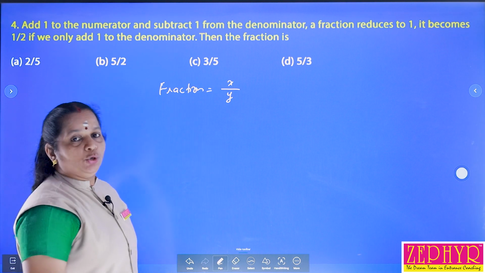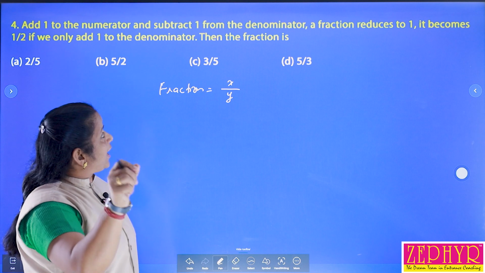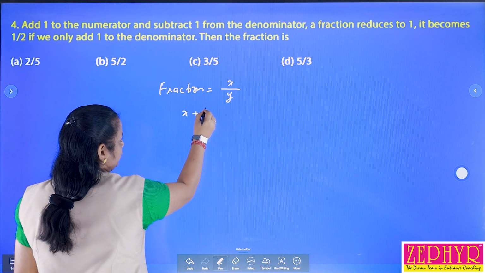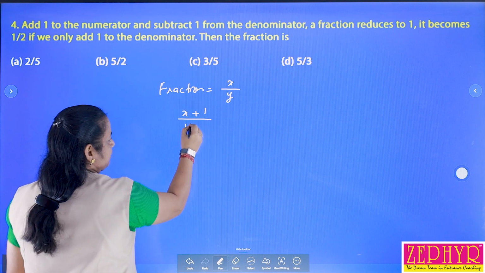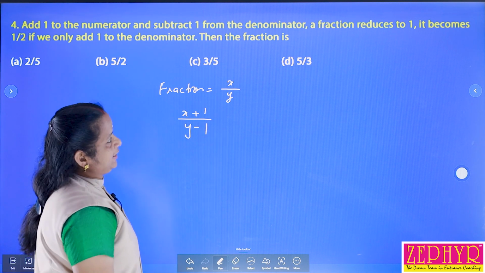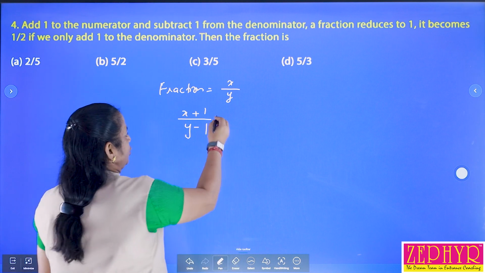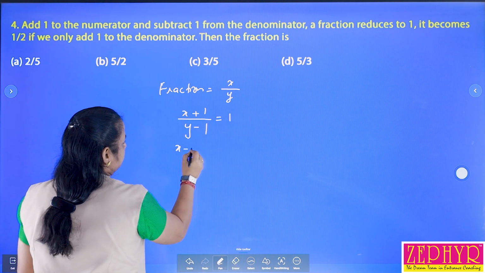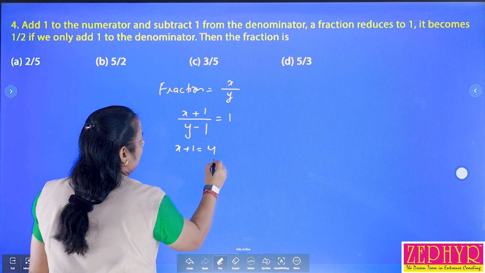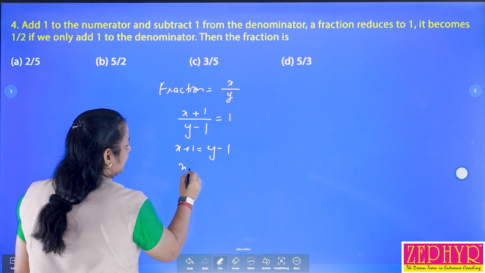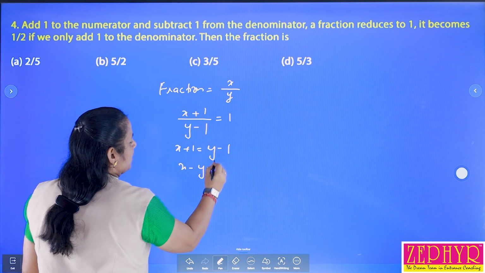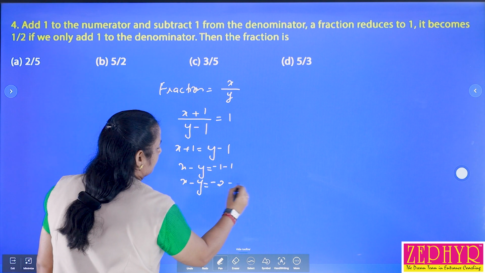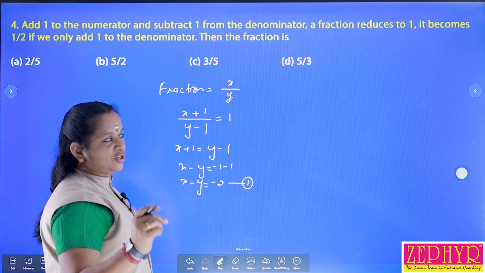Add 1 to the numerator and subtract 1 from the denominator, the fraction reduces to 1. This fraction becomes 1. That is x plus 1 equal to y minus 1 or x minus y equal to minus 1 or x minus y is equal to minus 2. Take this as equation number 1.